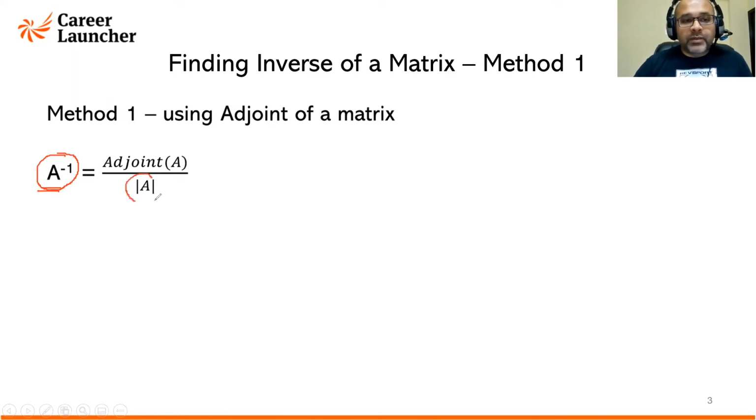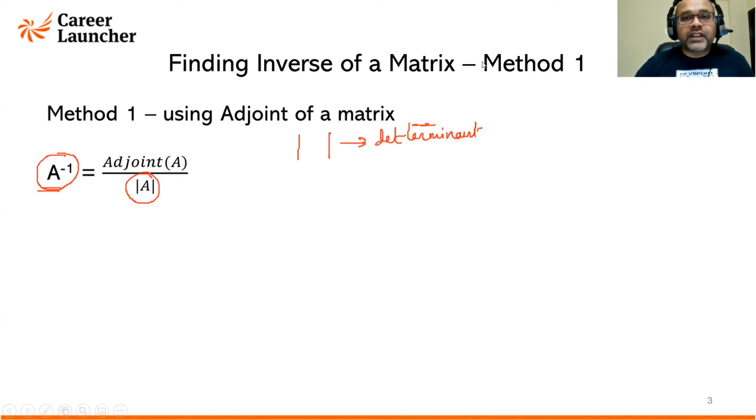So if you remember, what is the meaning of this? This is not modulus. Remember, it is not modulus because for a matrix, this symbol means determinant. So the inverse of a matrix is the adjoint of the matrix divided by the determinant of the matrix.